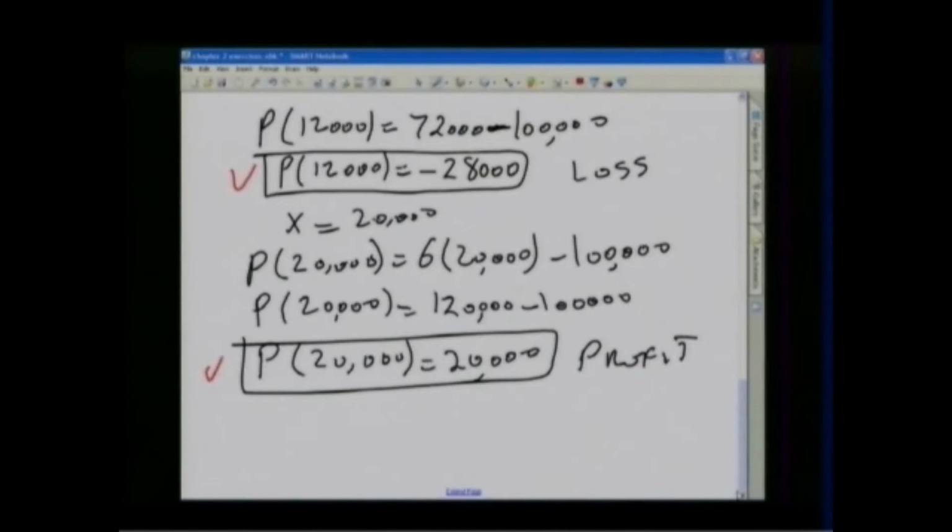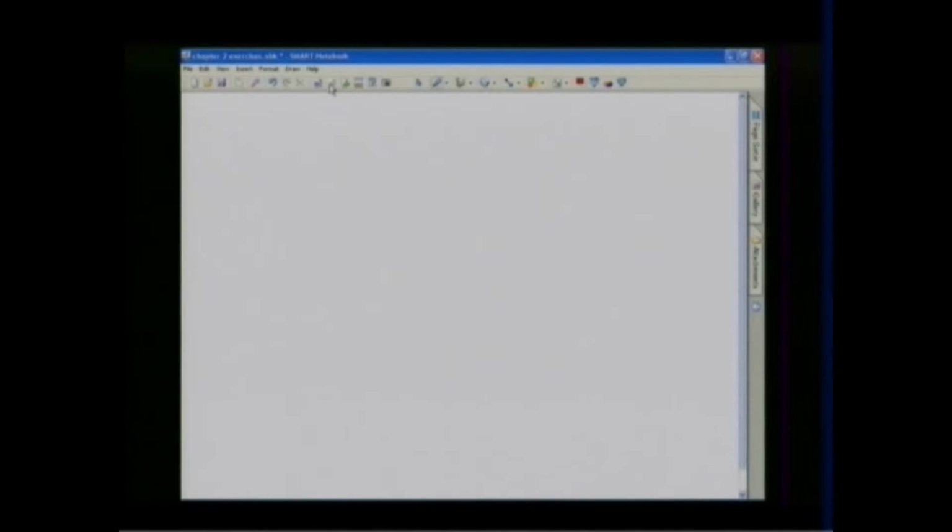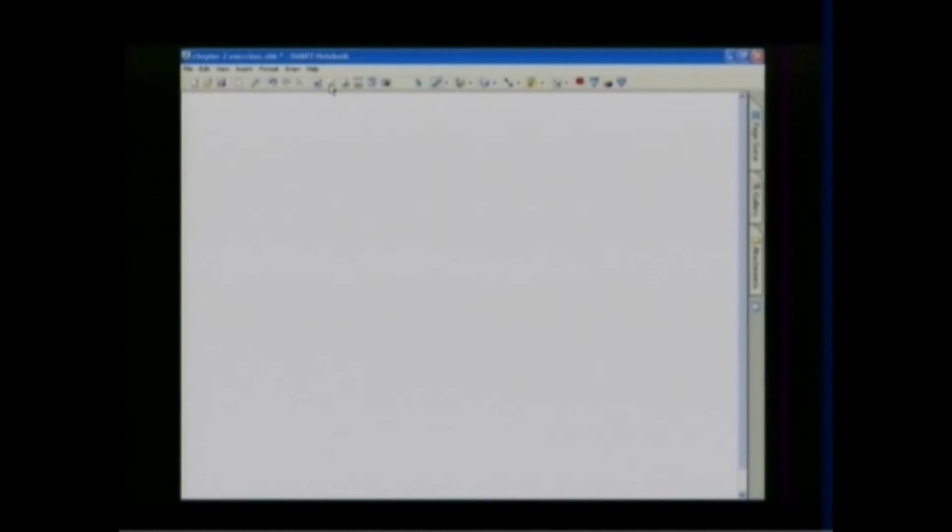Okay, let's do another kind of problem. Problem number 20. It says to find the point of intersection of each pair of straight lines. Intersection of straight lines. So number 20, that's section 2.5.